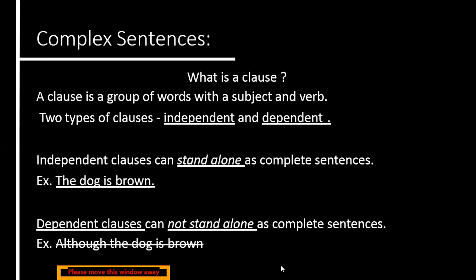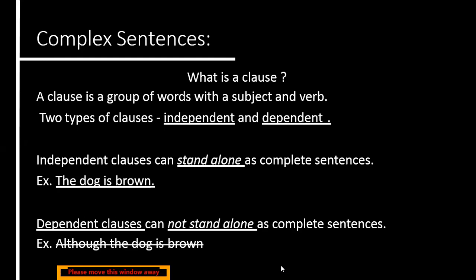A dependent clause is the opposite. It has a subject and a verb, but it doesn't make sense. For example, when I say, after Malika came to school, and I stop talking. Do you understand anything? No. You are waiting for me to complete what happened after Malika came to school, correct? That's the difference.